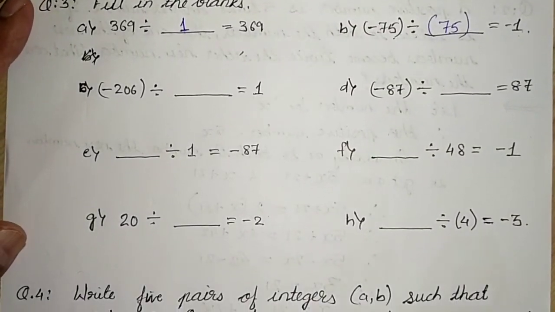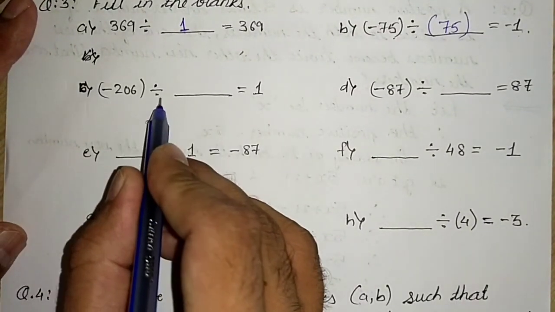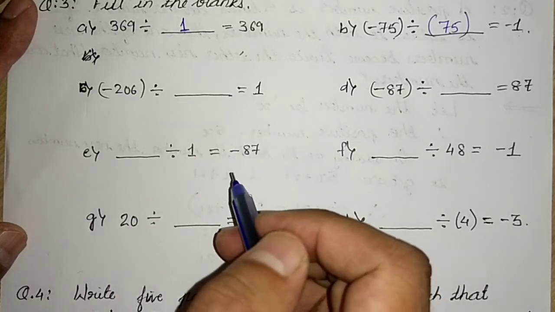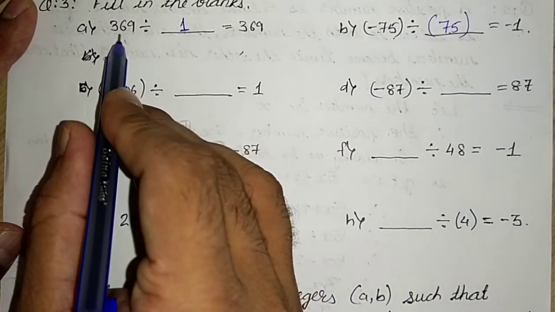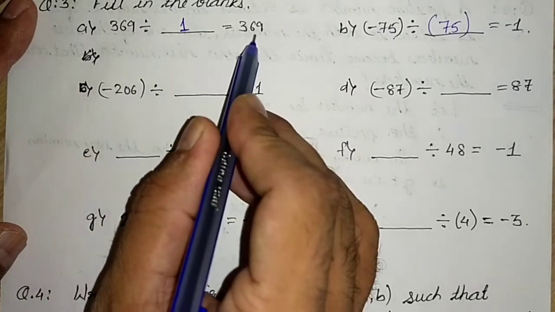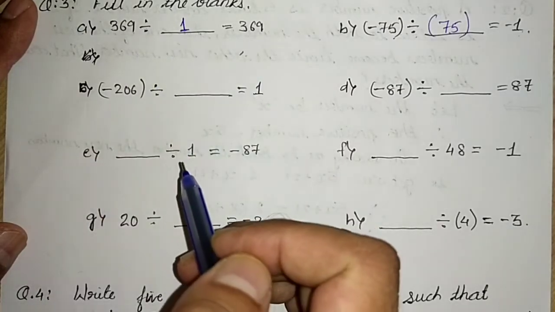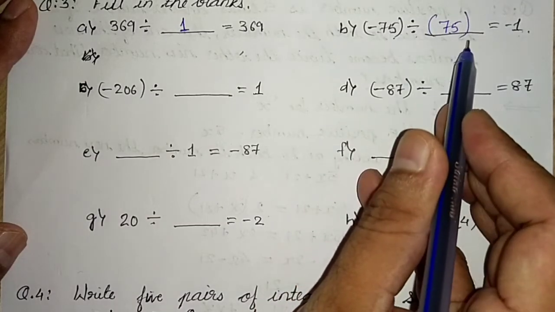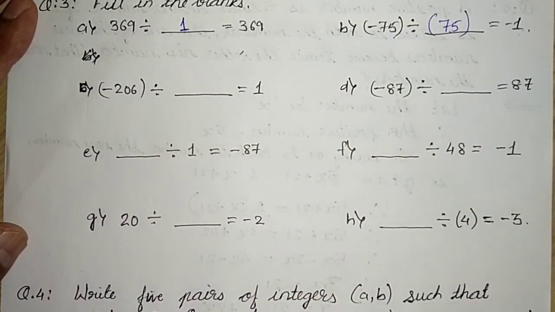Now part C, minus 206 should be divided by dash number so that we get 1 as the answer. See students, in part B we got minus 75 divided by 75, so we got minus 1.